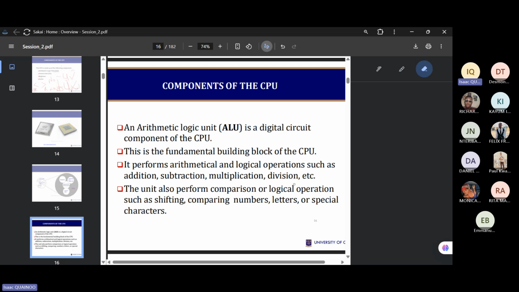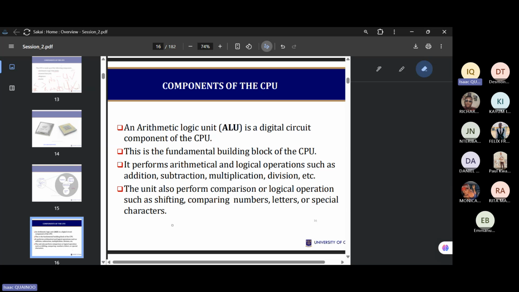So if you take your calculator and enter anything with regard to direct computations, addition, subtraction, multiplication, division, you should know that it is the arithmetic unit that performs that operation.